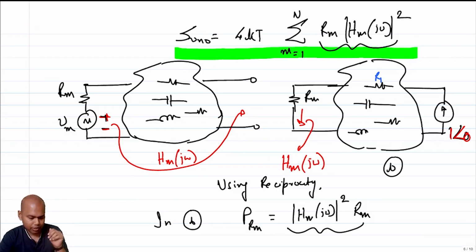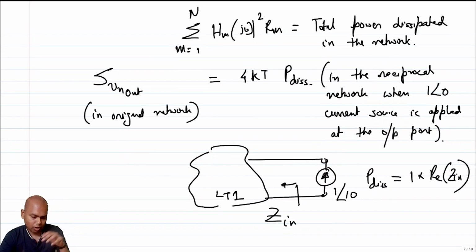We looked into one of these noise theorems where we could relate the spectral density of the original network to the power dissipation of its reciprocal equivalent, when a 1 ampere current source is used to drive the terminals of the reciprocal network which corresponded to the output terminals of the original network.